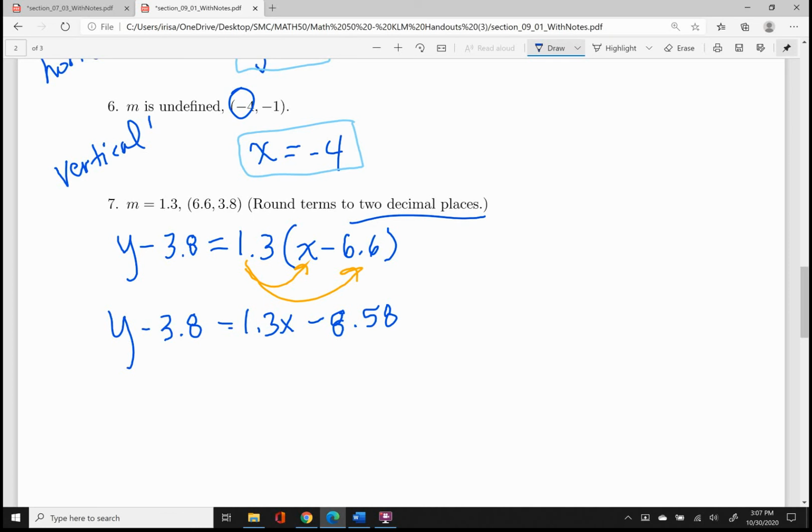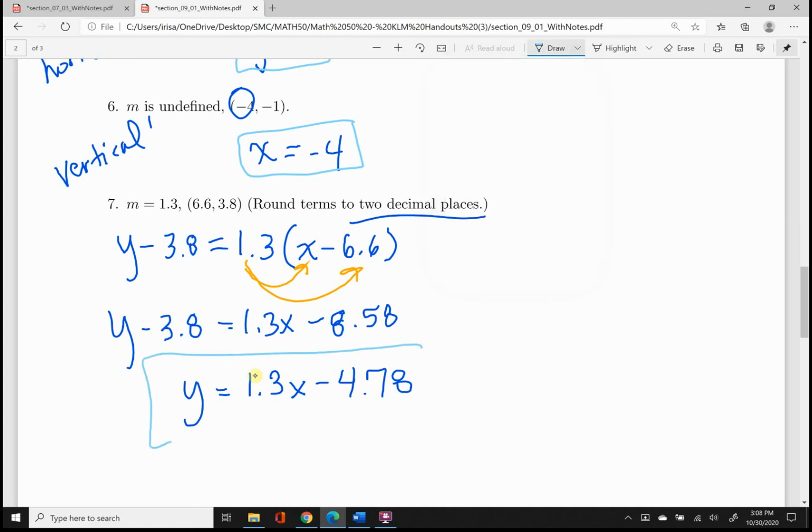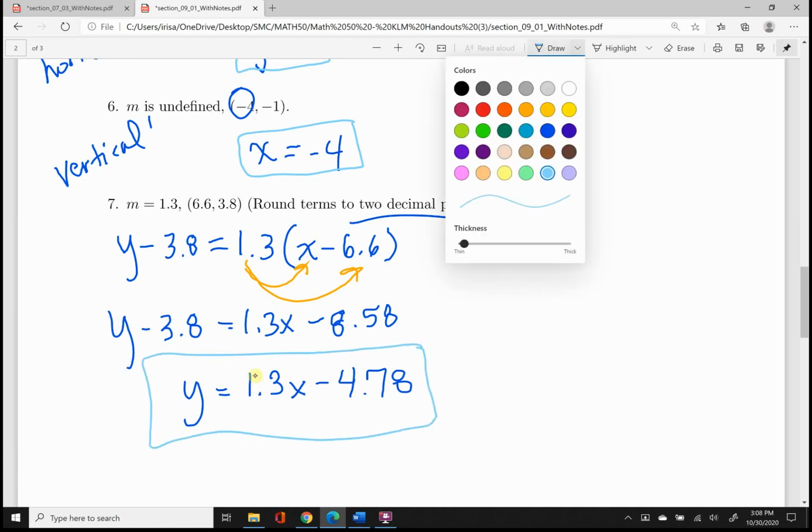And we will get -4.78. Y equals 1.3x minus 4.78. Cute. And that is that for that particular exercise.